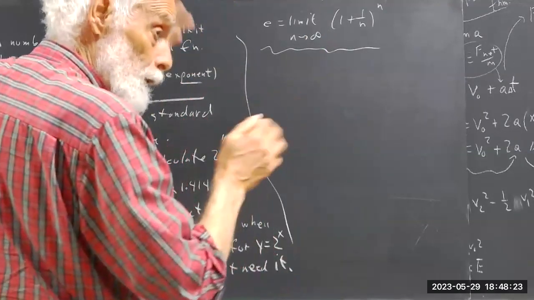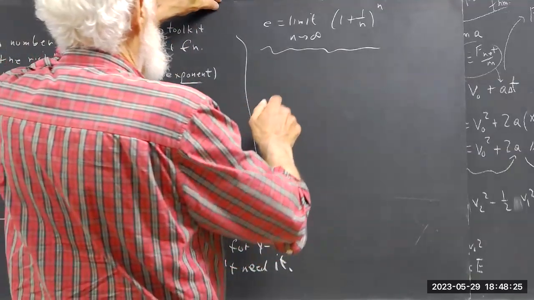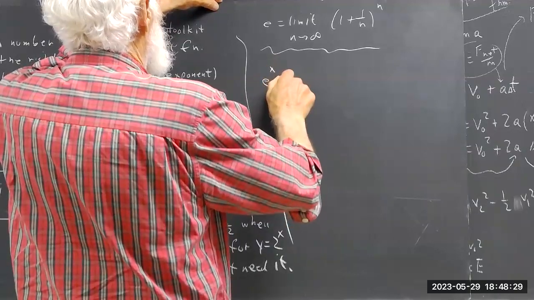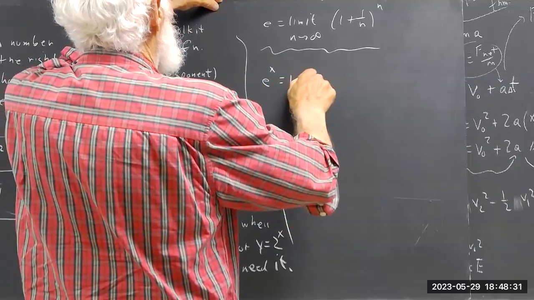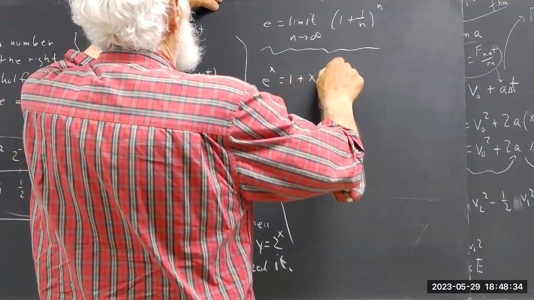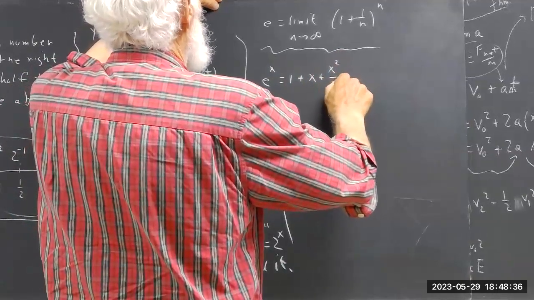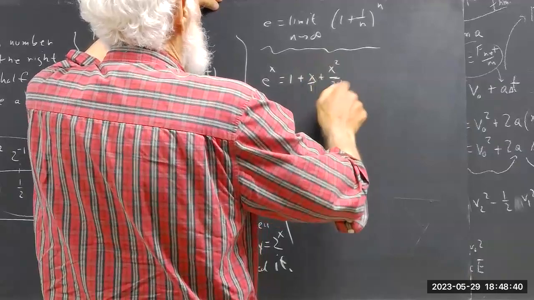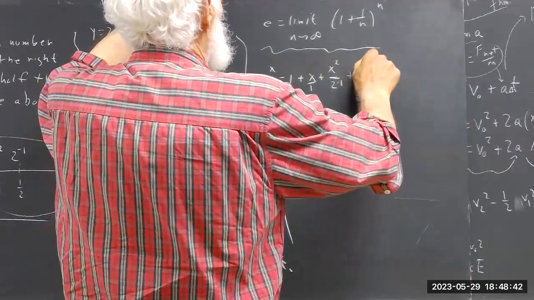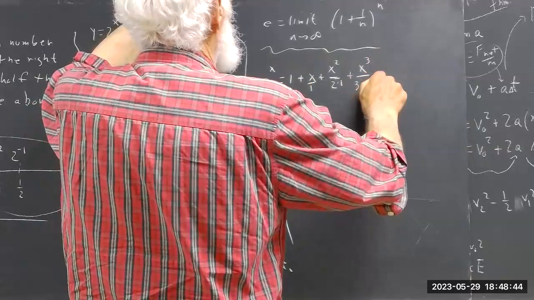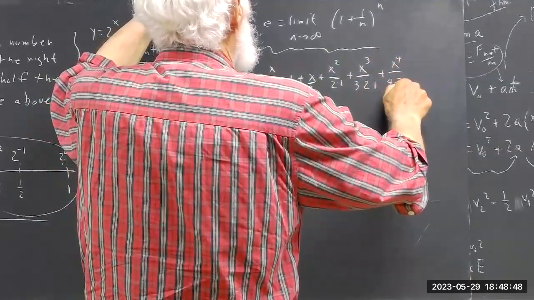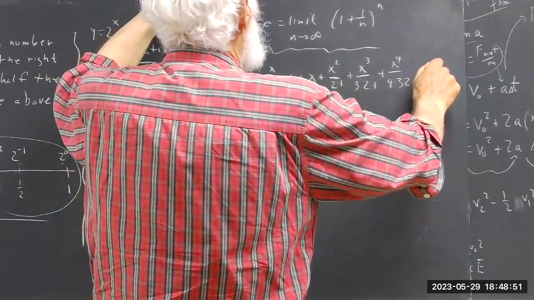But here's a scheme for calculating e to the 1/2. But let's just say calculating e to the x. It's 1 plus x over 1, plus x squared over 2 times 1, plus x cubed over 3 times 2 times 1, plus x to the 4th over 4 times 3 times 2 times 1.